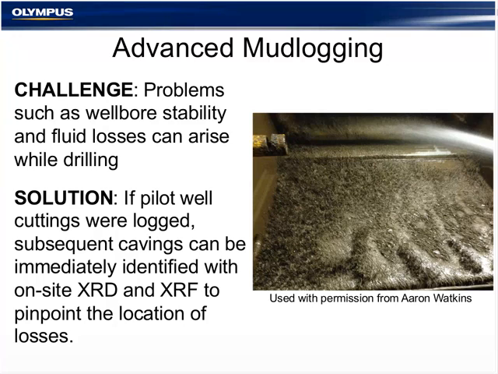One of the greatest challenges is trying to determine where down the borehole these cavings came from. One great benefit of having XRD and XRF on site is that when problems arise while drilling, such as wellbore instability and fluid losses, if the pilot hole well cuttings were logged, you have an XRD, XRF fingerprinted well, and the subsequent cavings can be immediately identified to pinpoint the exact location of the losses.